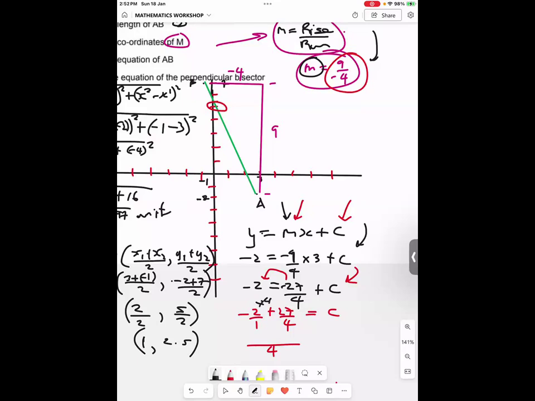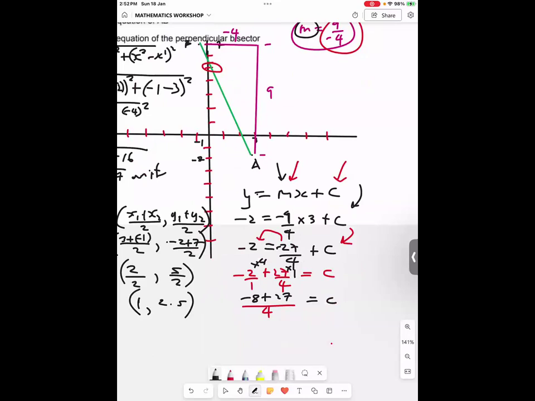And 4 into 4 goes 1 time. I'm going to times this by 1. Now, negative 2 times 4 is going to give me negative 8. And 1 times 27 is going to give me 27. And that's equal to C. So therefore this is going to be negative 21. No, this is going to be negative 19 over 4.